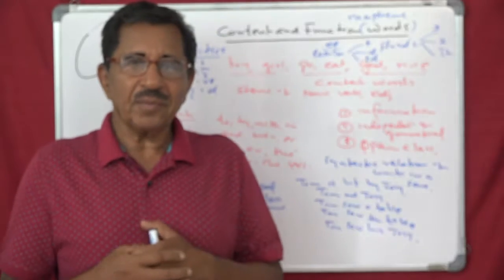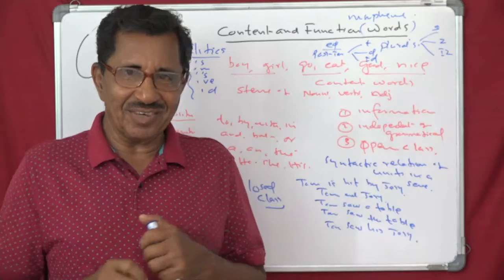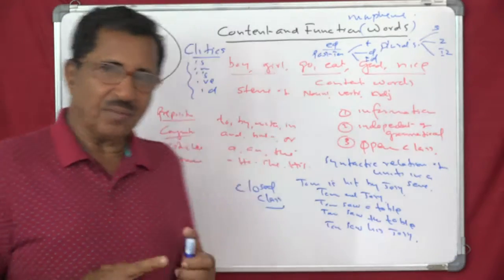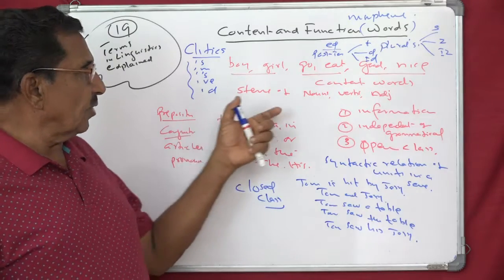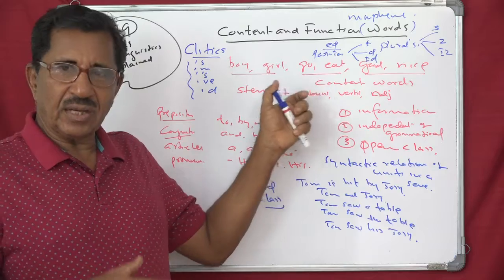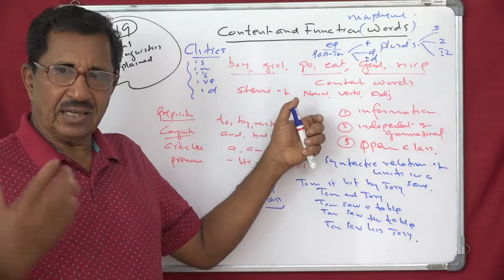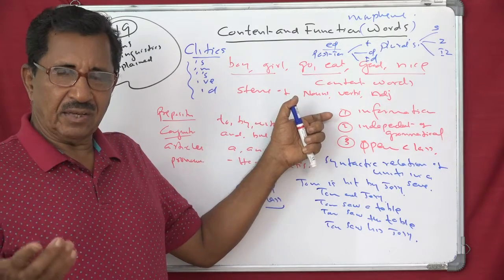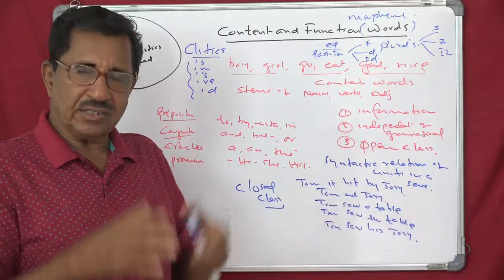Now, when you think about words, or when you think about stem, root and things like that, you have two classes: content and function. Content means information; they are independent of grammatical functions, and that is an open class, which means new words can enter.